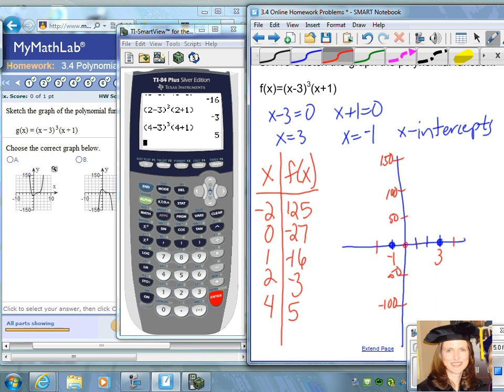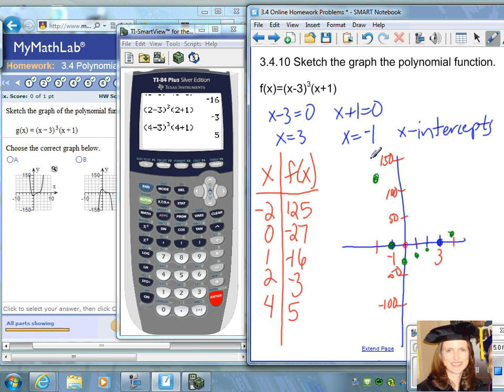And we can plot those points from the table, negative 2, a positive 125, negative 1, 0, 0, negative 27, 1, negative 16, 2, negative 3, and 4, positive 5.